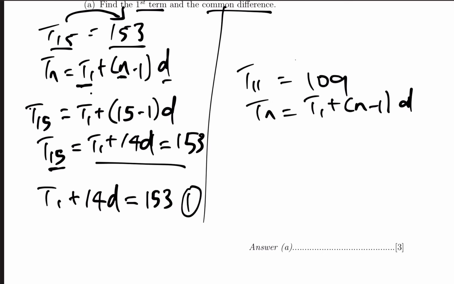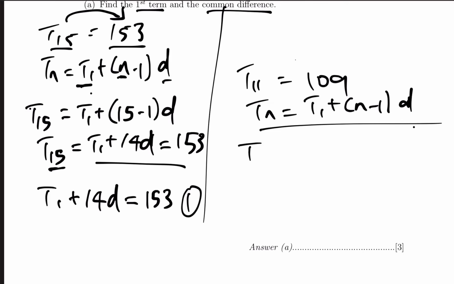In this equation, obviously, we have T1 and d as the unknown values that we're looking for. Okay, let's come to this side. We are saying T11 is equal to 109. And this is our arithmetic formula here. Again, when there's n, I will substitute with 11.